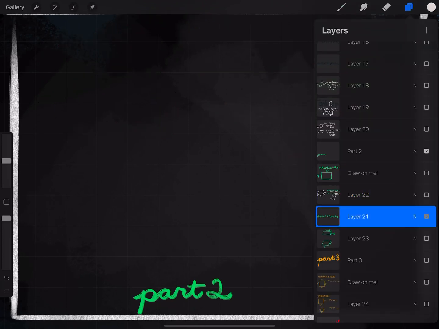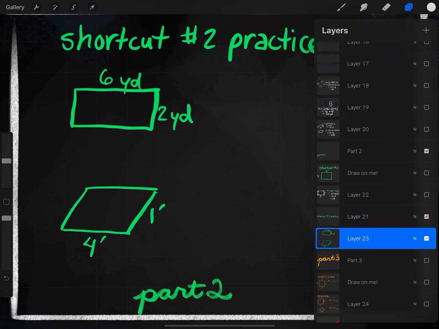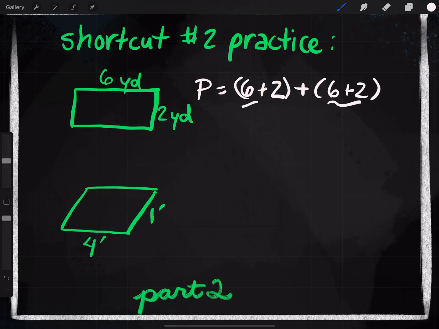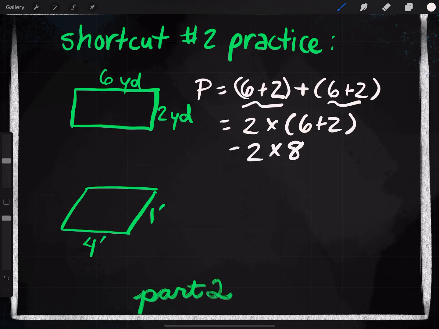Okay, just for some practice, here's a couple more. Go ahead and pause the video and try them. Okay, so this perimeter we have 6 plus 2 plus 6 plus 2, which means 6 plus 2 twice, 2 times 6 plus 2, or 2 times 8, which is 16.